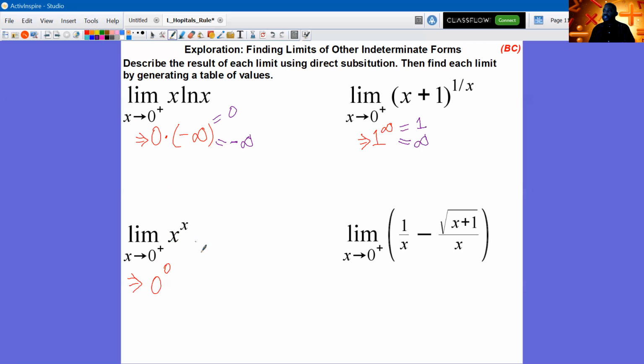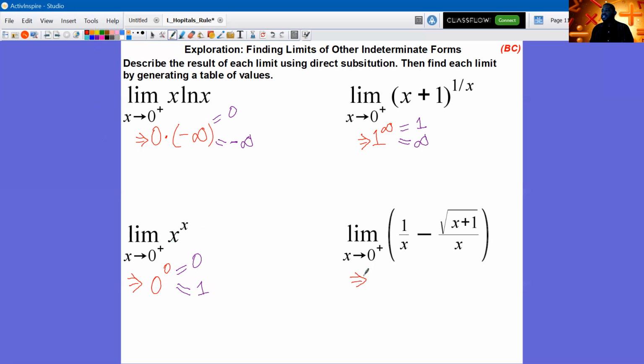So I ask the question again. With an expression like this, one can say, well, this is 0 because 0 to any power is still 0, the way we've been taught. Or is this 1 because any number to the 0 power is 1? Again, we have another indeterminate form.